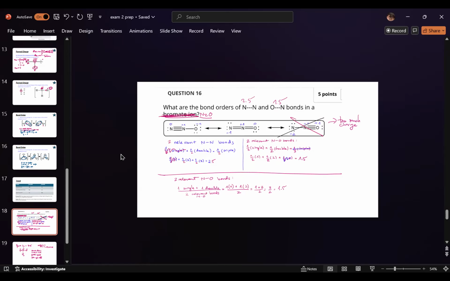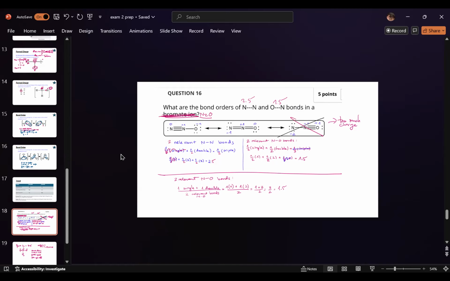The next question, and last question really, is one that I pulled from the exam practice. I went over it. So many things are wrong with it. My goodness. The question is asking what are the bond orders of N to N, not even a single bond, just the bond of N to N, and O to N. What are the bond orders in a bromate ion?